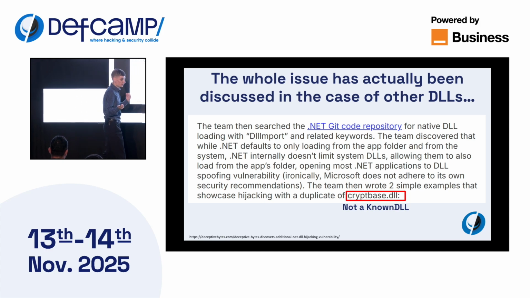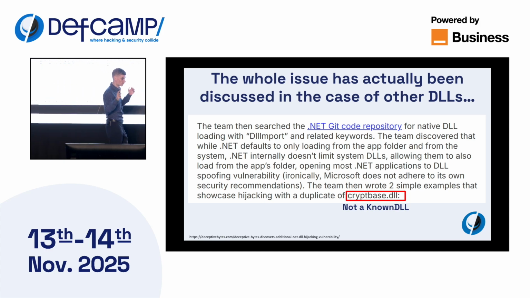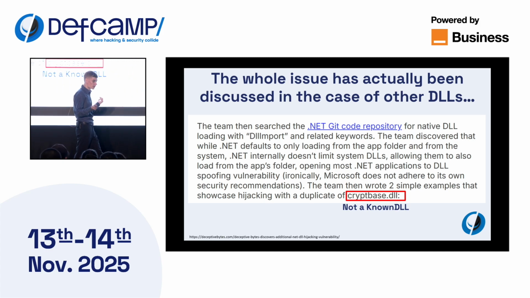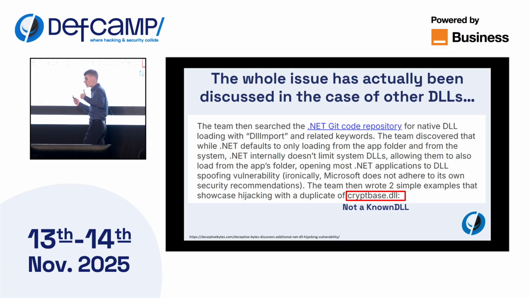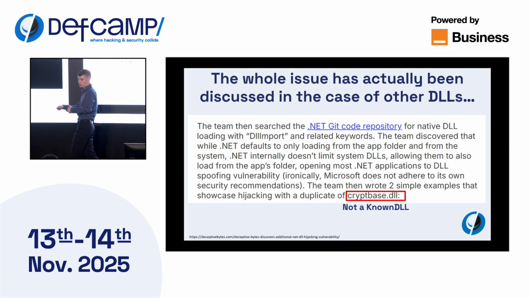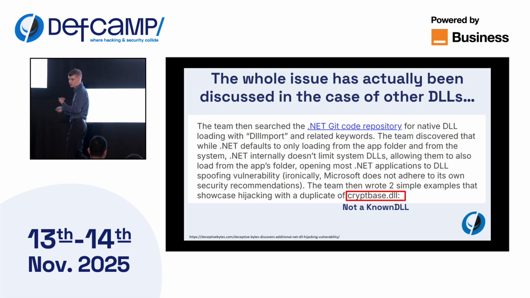And actually, having spent some time doing further Googling, I found out that this issue has been found before. It was not related to known DLLs or anti-DLL like we did here. It was less serious. They discovered it on a less serious DLL.